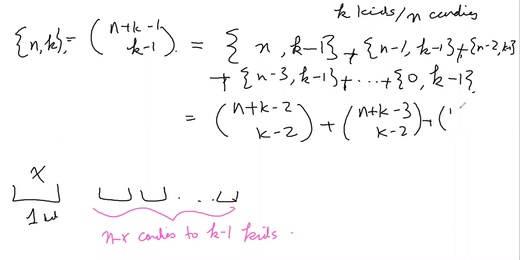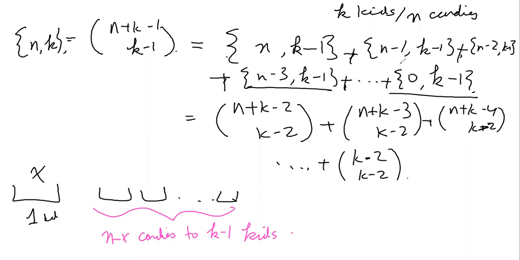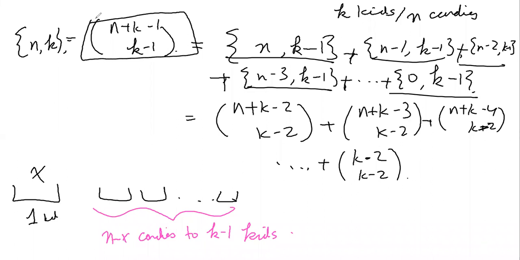And this one is n plus k minus 4 choose k minus 2. And this goes all the way down to k minus 2 choose k minus 2. Okay, does that make sense? That's just us plugging these cases of the question back into the formula we already know. Cool. So that is the entirety of the hockey stick theorem.